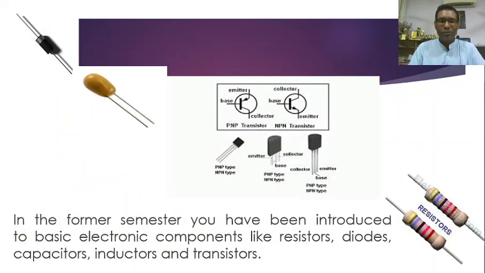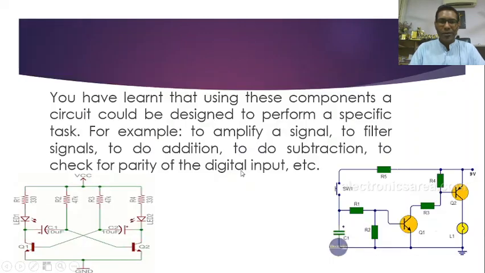In your previous semester, you had studied about resistors, diodes, capacitors and transistors. We have also studied about circuits made using these basic components. These circuits performed a specific task, maybe to amplify a signal, to filter a signal, to do addition, to do subtraction, to check for parities, but a specific task was performed by a specific circuit.